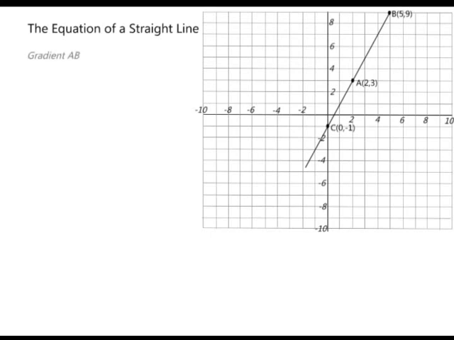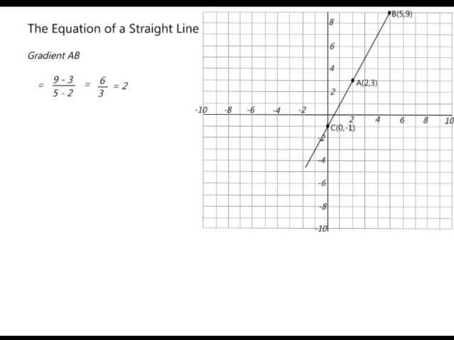The gradient of the line picking points A and B is given by change in y over change in x. 9 minus 3 over 5 minus 2 will give us 6 over 3, which is equal to 2.